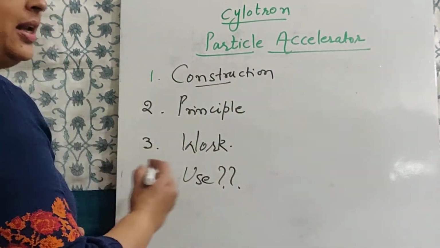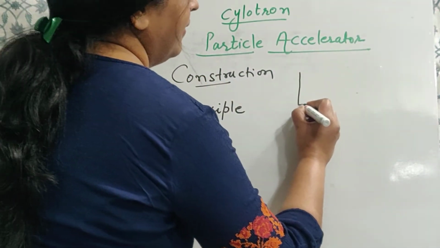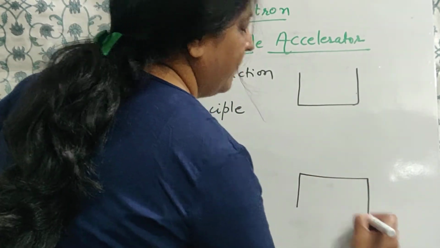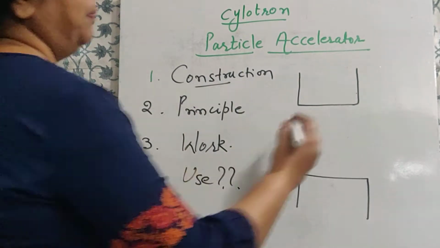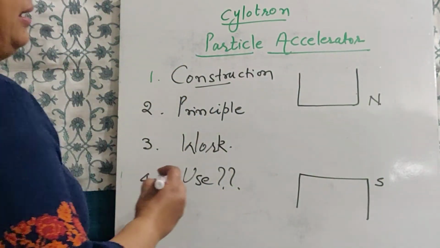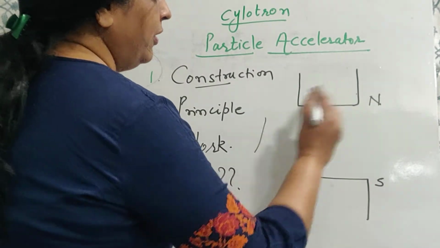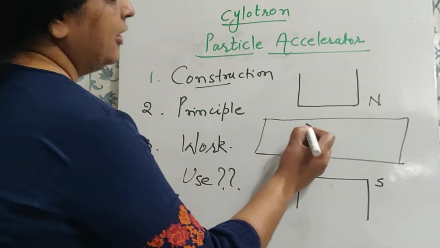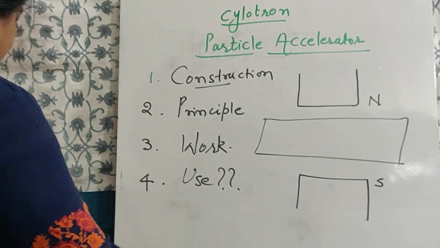So the construction is, we have, let us say, poles of the magnet shown like this, and perpendicular to these poles we have placed two metallic Ds.